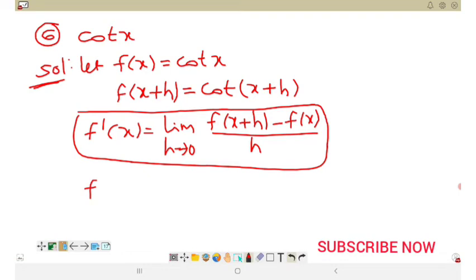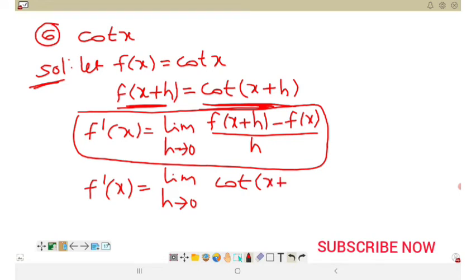So f dash of x is equal to the limit h tends to 0, where f of x plus h is cot of x plus h, minus f of x, cot x, by h.